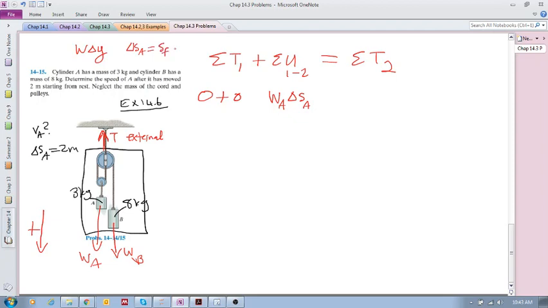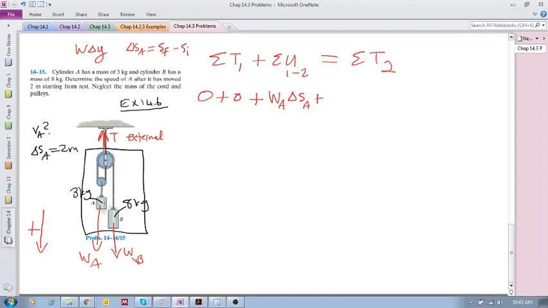So delta SA is your S final minus your S initial. If it's lower afterwards than before, this will be negative. Both of these vectors will be in the same direction, so the work done by the weight will be positive.